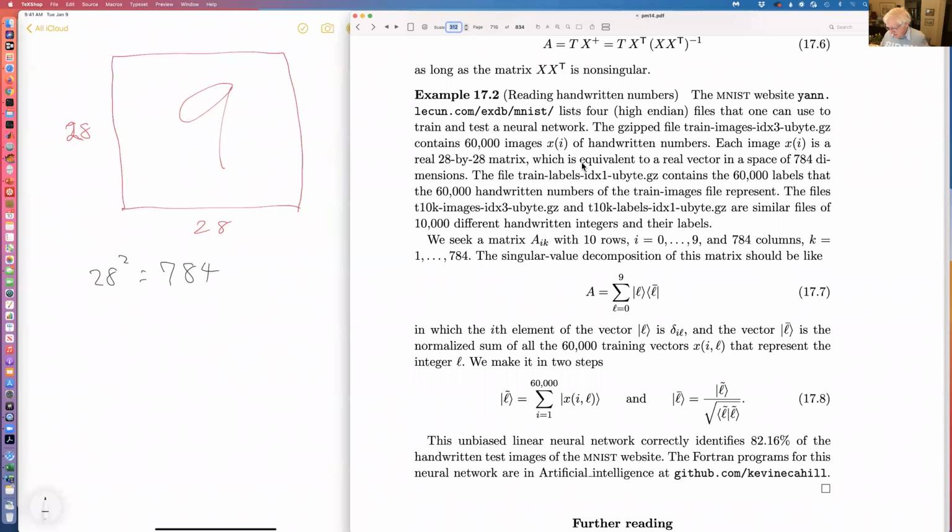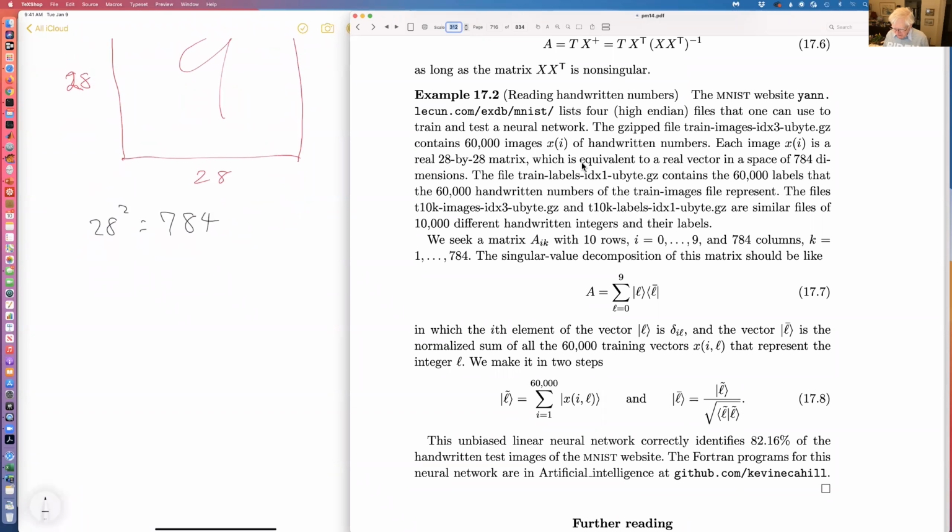And so one thing that I did, just to see how well it would work, was I created an artificial intelligence solution, or a program that would read handwritten numbers based on this.